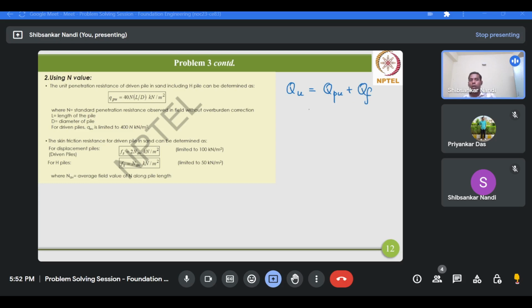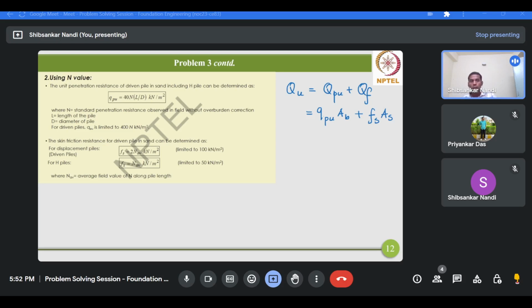The ultimate point bearing resistance you can get after multiplying the unit point bearing resistance with the cross sectional area of the pile at the pile base, and the ultimate skin friction resistance you can get after multiplying the unit skin friction resistance with the corresponding surface area of the pile.